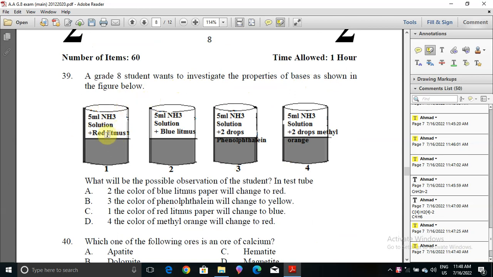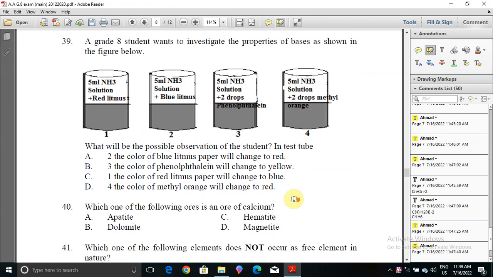Now what we have here, 5 milliliter of NH3 solution plus red litmus, okay, and we have here 5 milliliter of NH3 solution plus blue litmus, and 5 milliliter of NH3 solution, 5 drops phenolphthalein, and 5 milliliter of NH3 solution, 5 drops methyl orange. Okay, now he's asking what will be the possible observation of the student in test tube.